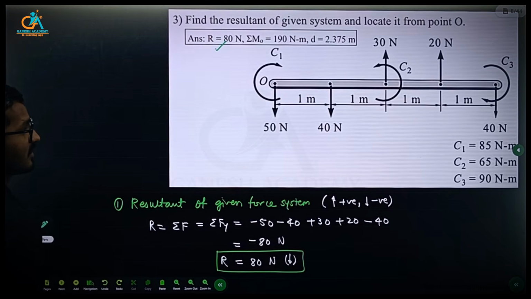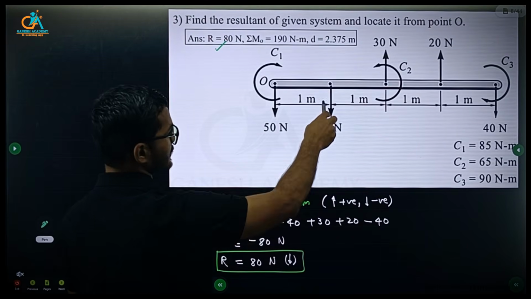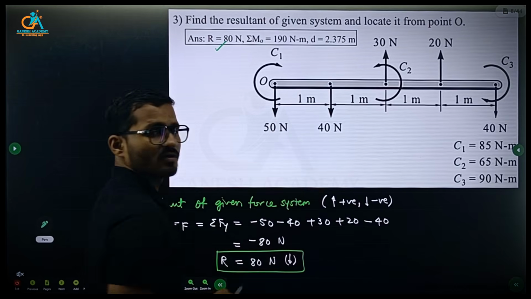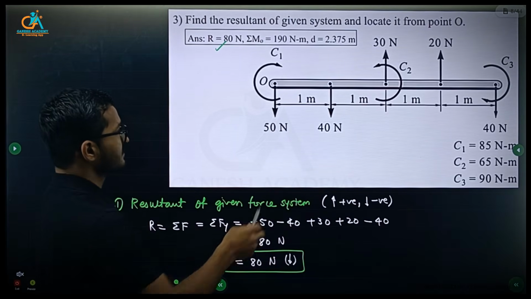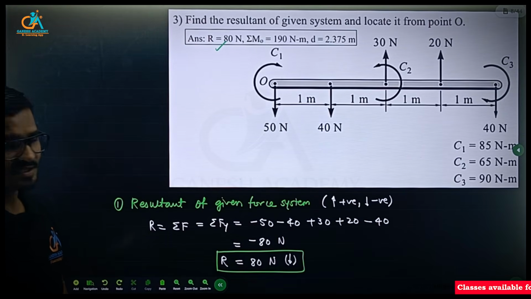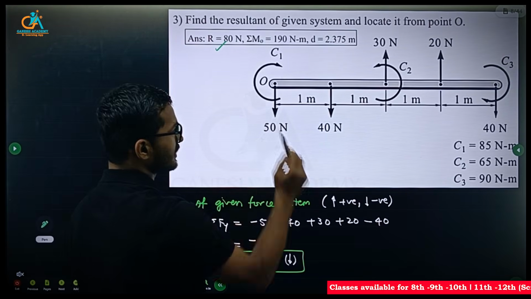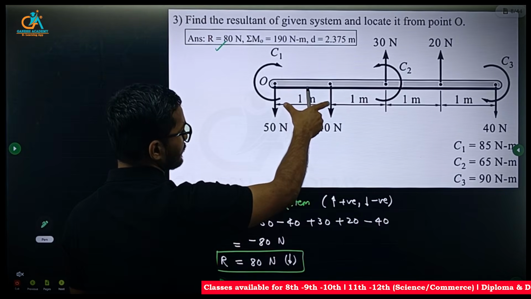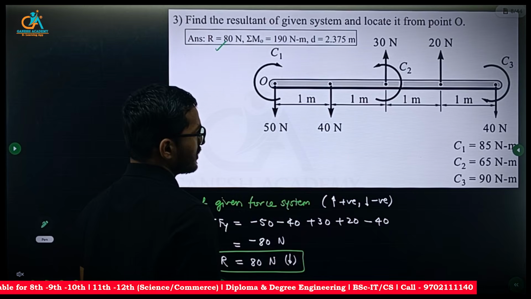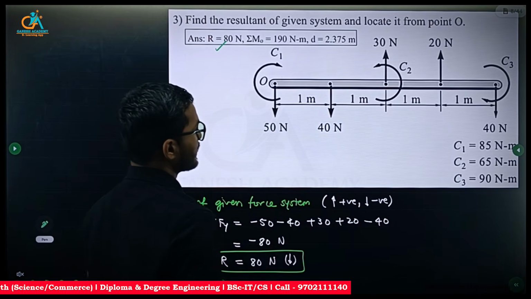Then due to these forces, the perpendicular distance of this 50 Newton force is 0. The line of action of the force intersects O, so the perpendicular distance is 0 and the moment will be 0. So 50 into 0, you don't need to write. Then this force 40 into 1 is producing clockwise moment.